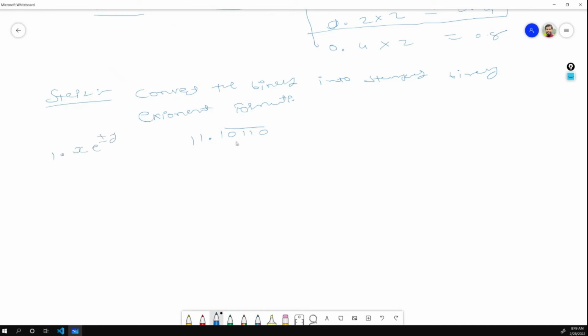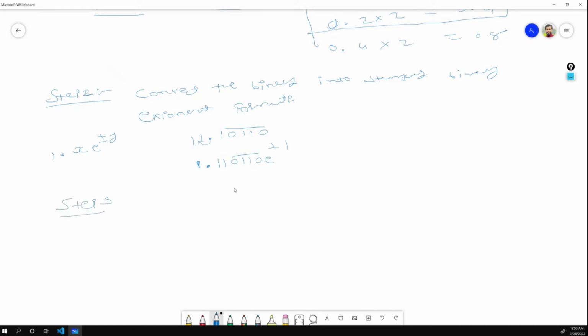So 11.1010 bar becomes 1.110110 bar, e raised to plus 1. So this is my standard exponent portion. Here this one is right shifted by one time, so my dot will come here. So this is the one number only. So plus 1. So this is my step 2.